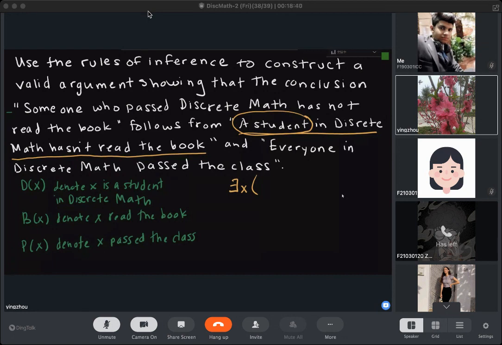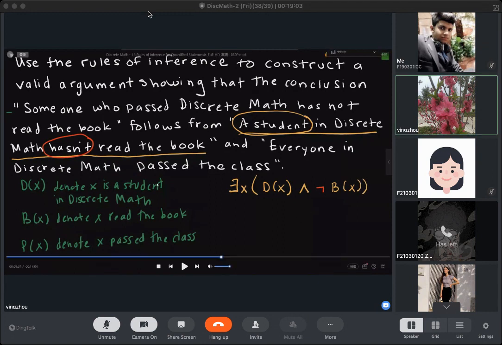So a student in discrete math would be d of x, and they're in the class and haven't read the book. So remember, if it's a negation here, then I have to use that negation here. So not b of x. So that's that first statement.